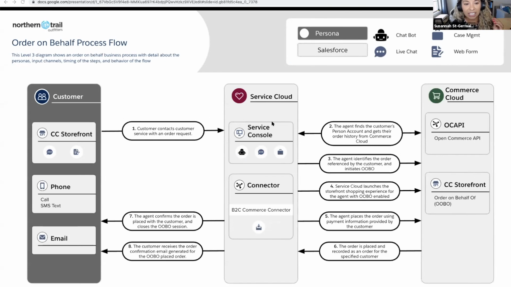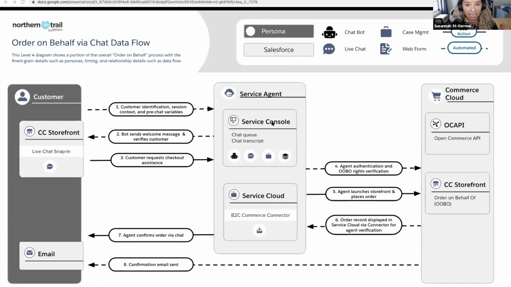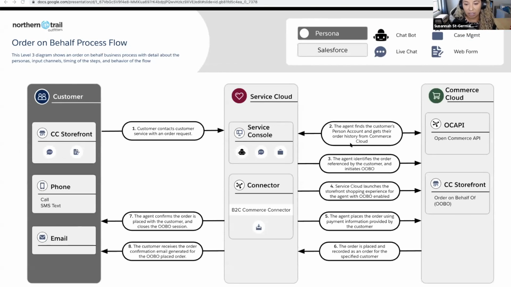And then finally, a level 4 is the double click down into the actual flow. So we're showing the most detail about not just the order on behalf process. Let me point this out so I drive the point home: we're not just showing the entire order on behalf process.